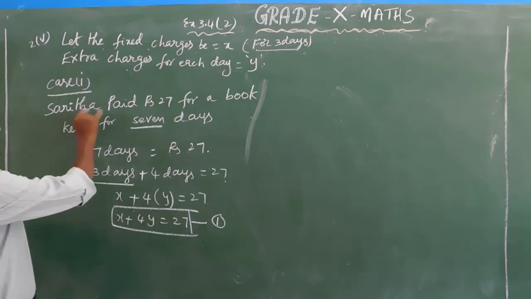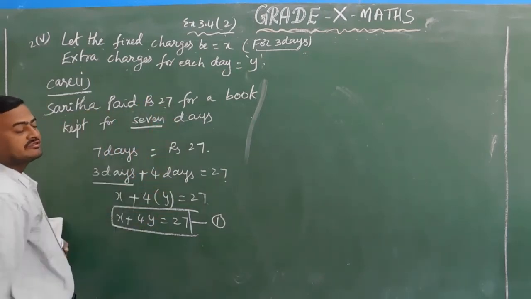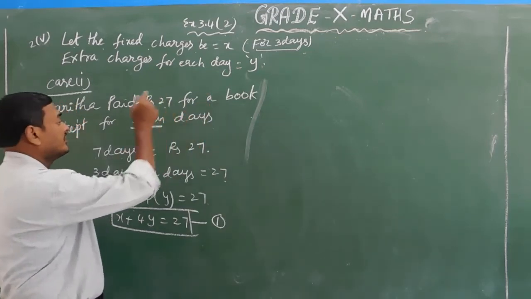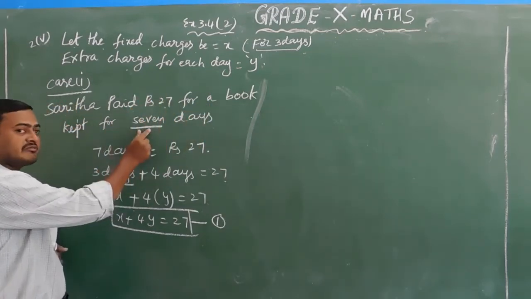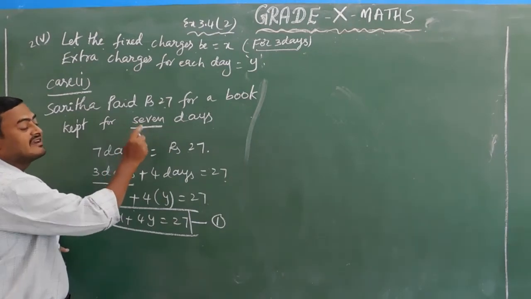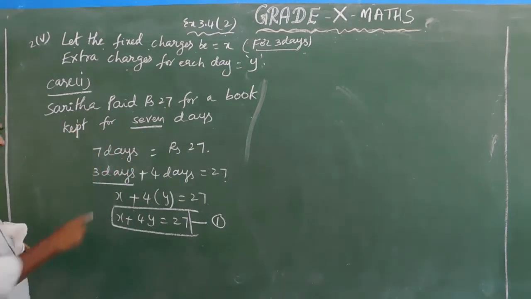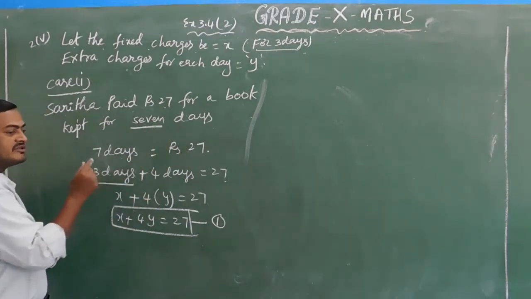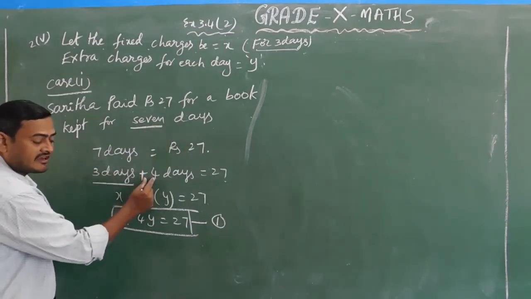So Sarita paid 27 rupees for a book, and she kept the book for 7 days. The 7 days will be split as 3 days and 4 days.